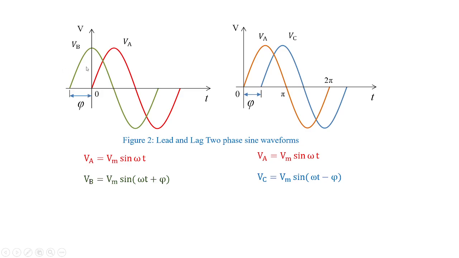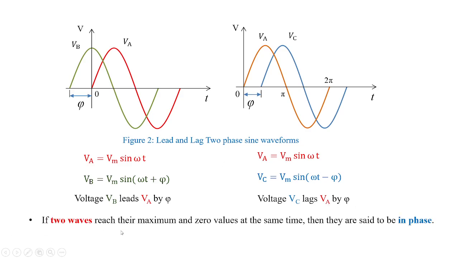On the left graph, you can see VB and VA, the green waveform and the red waveform, as well as on the right side, the orange waveform with the blue waveform. What do these waveforms indicate? The left side indicates the voltage VB leads VA by 5, and the right side indicates voltage VC lags VA by 5.